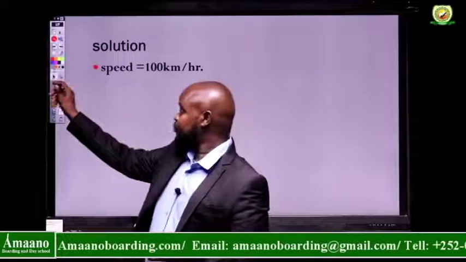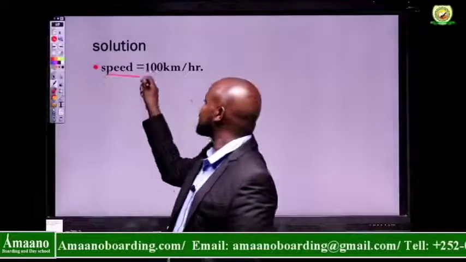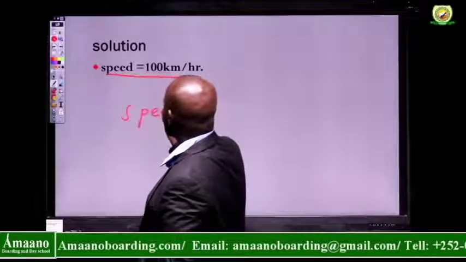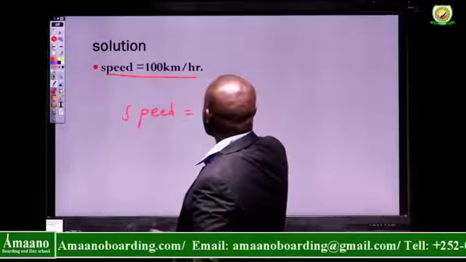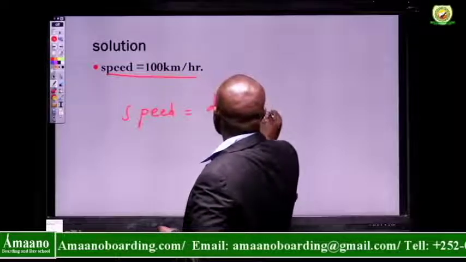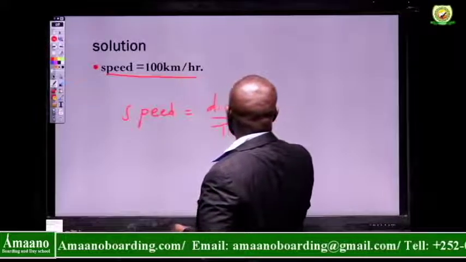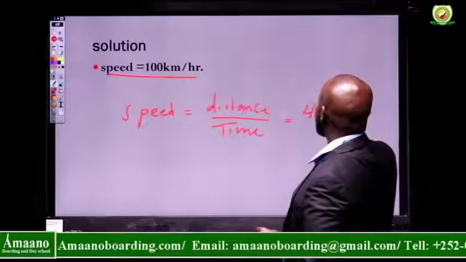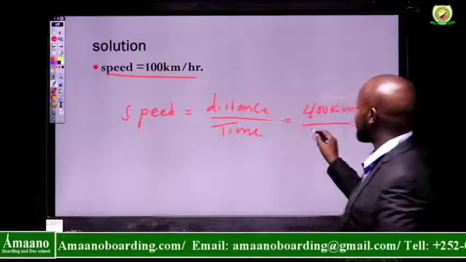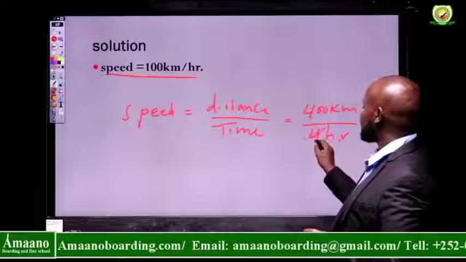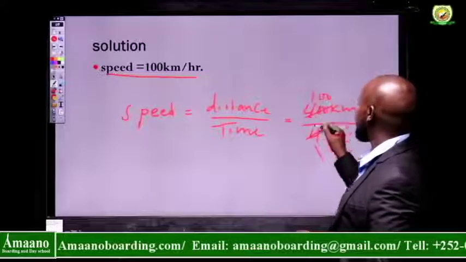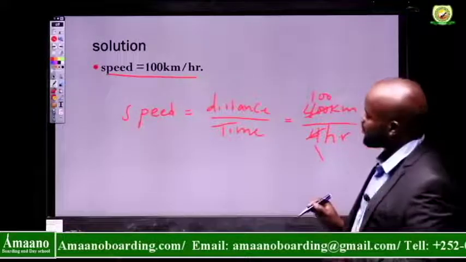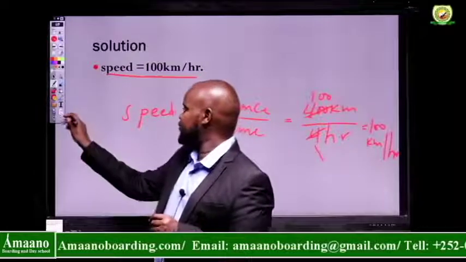Solution: speed is equal to distance divided by time, which is 400 kilometers divided by 4 hours, so divided by 4 is 100. So it is 100 kilometers per hour.